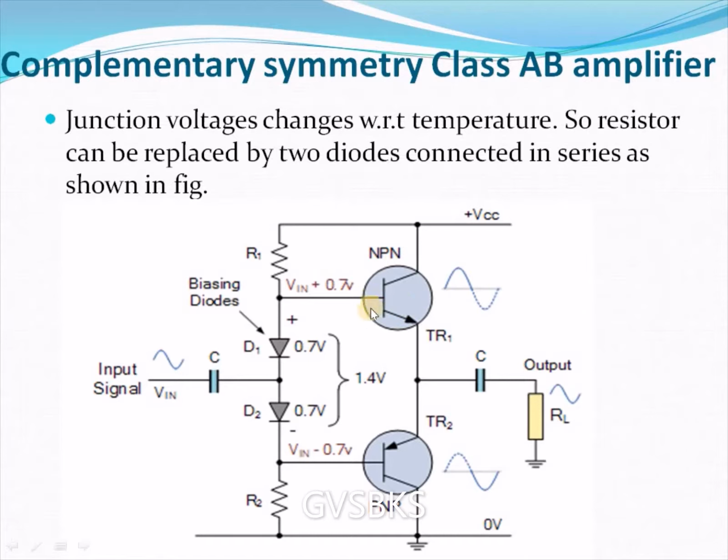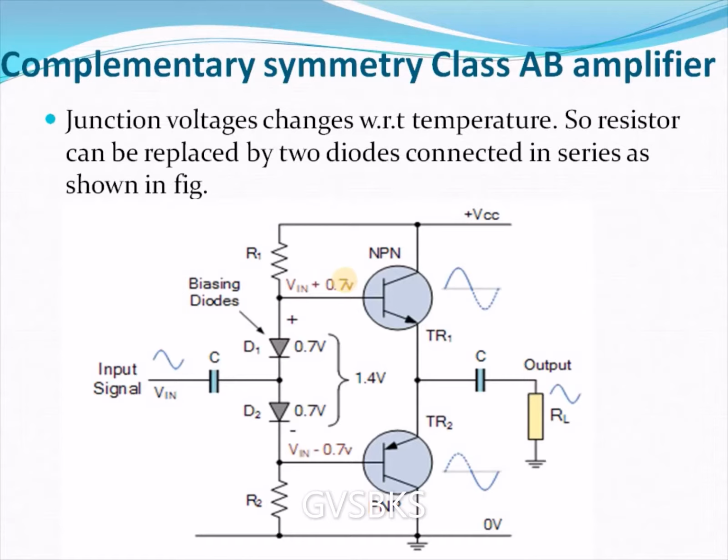If you select like this, then the junction voltage variations will be the same for the transistor as well as the diode. That's why these junction voltages can be automatically adjusted and we won't get any crossover distortion. So this is a circuit which avoids the crossover distortion with temperature.